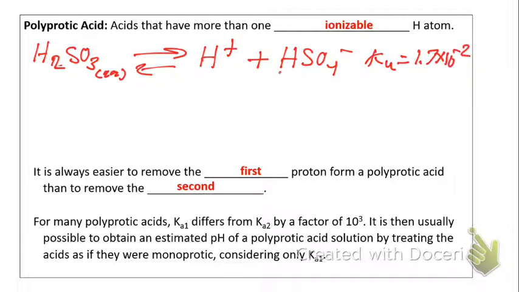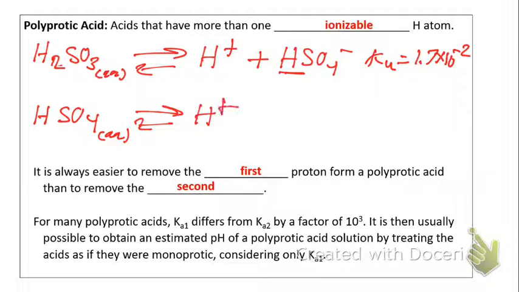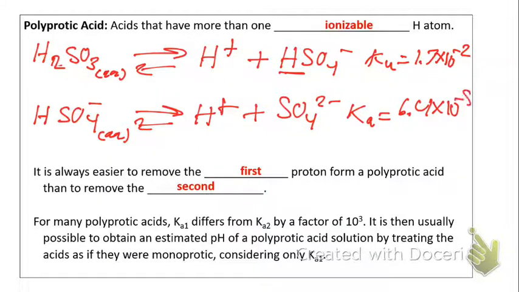Now we still have the conjugate base here, and it can still ionize because it has this second hydrogen that can ionize, making it a polyprotic acid. And it ionizes down to H+ plus SO4 2-. Okay, the conjugate base can't ionize anymore. So the Ka for this one is going to be 6.4 times 10 to the -8.